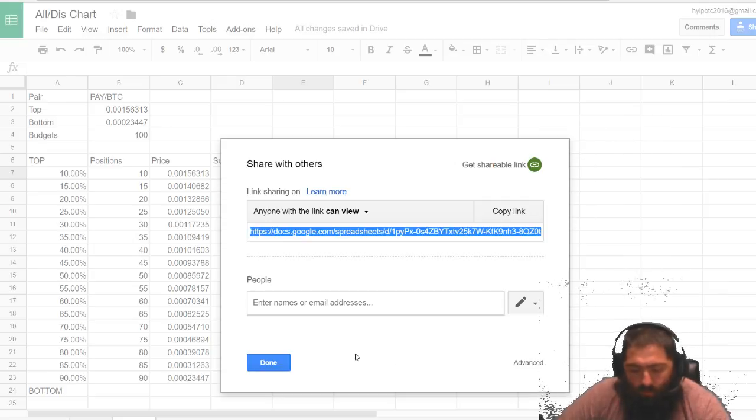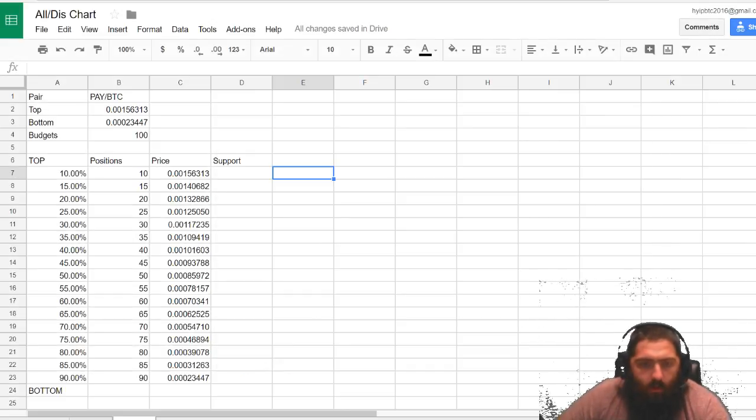I shared it in the Discord channel. Curious to see how he will incorporate sizing with allocation distribution.